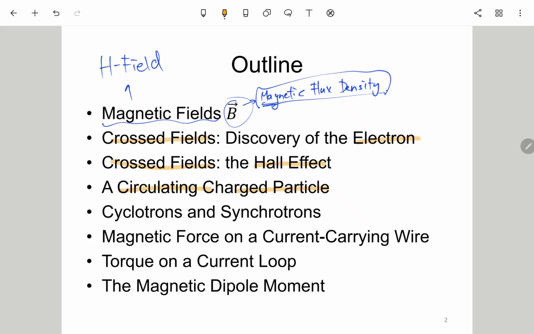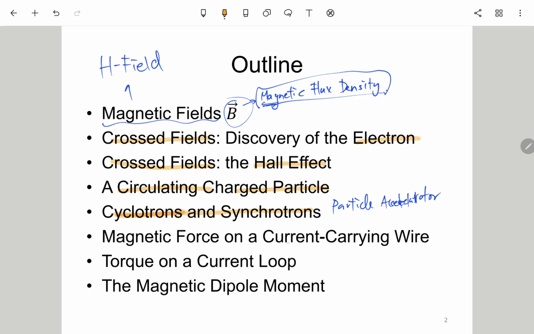Using this phenomenon, we can create a particle accelerator, namely the cyclotron and synchrotron. We'll learn a bit about it later.